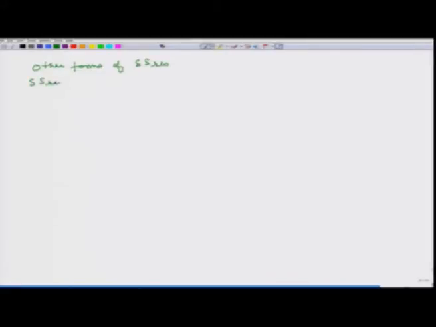For example, I can also express sum of square due to residual as y minus x beta hat transpose y minus x beta hat, and if I try to open it, this will become y transpose y minus twice beta hat transpose x transpose y plus beta hat transpose x transpose x beta hat.